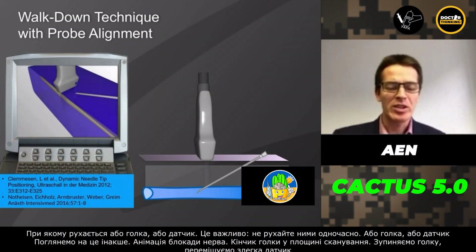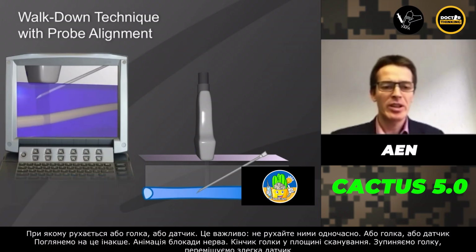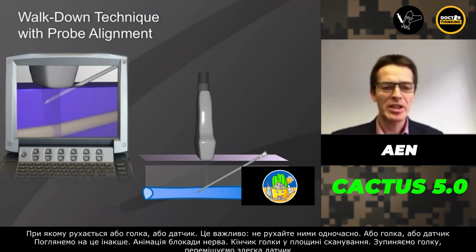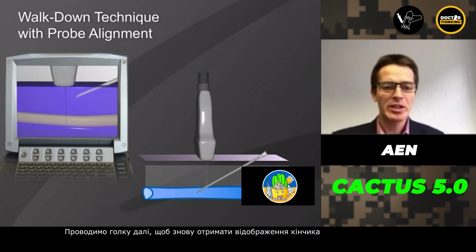Let's have a look at this in a different way, in a nerve block animation. The needle tip is in the scanning plane, and we stop the needle, we move the probe just slightly, very tiny little walk-down maneuvers.